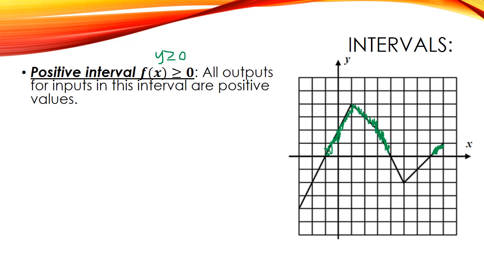So if I'm going to write an interval for which f of x is greater or equal to 0, that means I'm going to include every single x value that belongs to these two parts. So I can write down an interval from -1 here, since -1 has a y value of 0, to 4, since again 4 has a y value of 0.